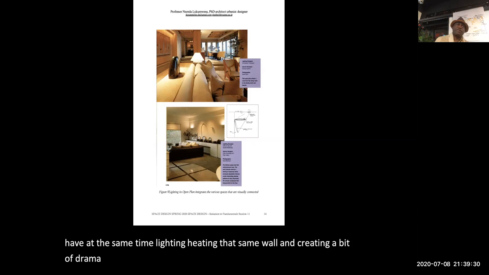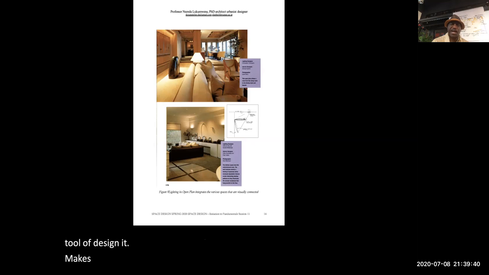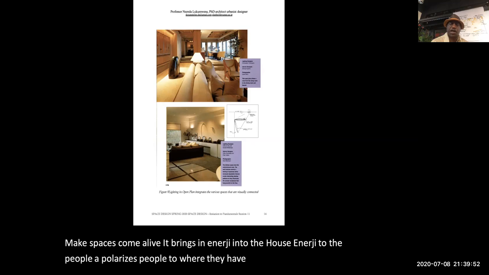So lighting, if I am to summarize it, is a powerful tool of design. It makes spaces come alive. It brings energy into the house, energy to the people. It polarizes people to where they have to be if it's well designed.